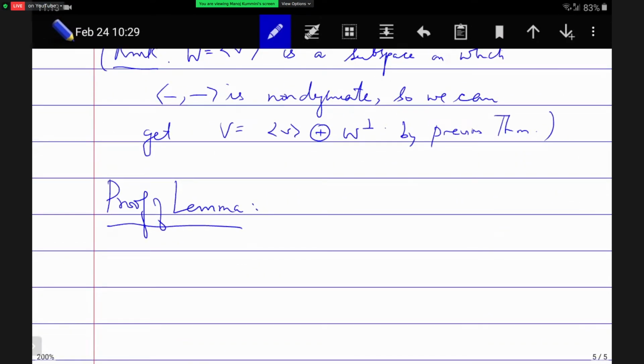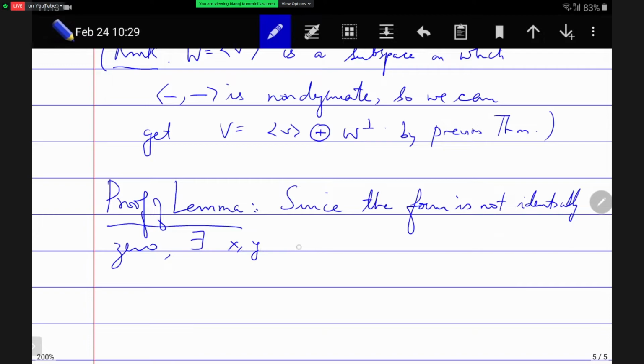Okay, so if the form is not identically zero, that means there exist x and y in V such that ⟨x,y⟩ is not zero.